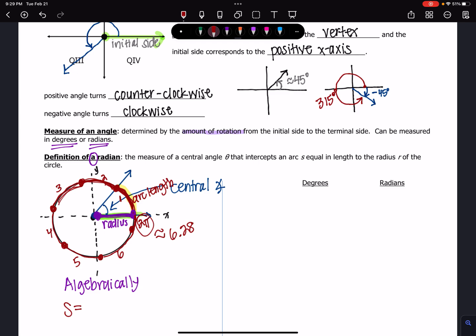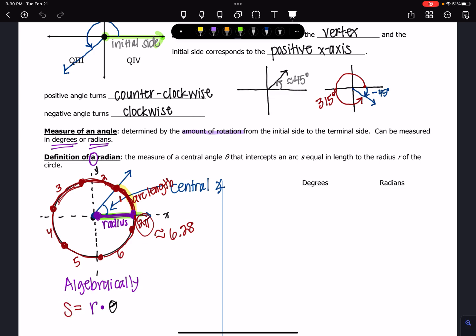And that's equal to your radius length. I'm going to use the same color here, purple, R times theta. Now, to use this formula, S equals R times theta, let's think about this.